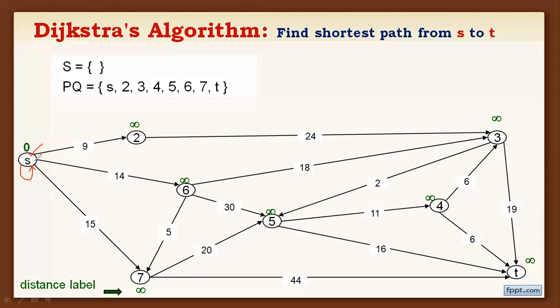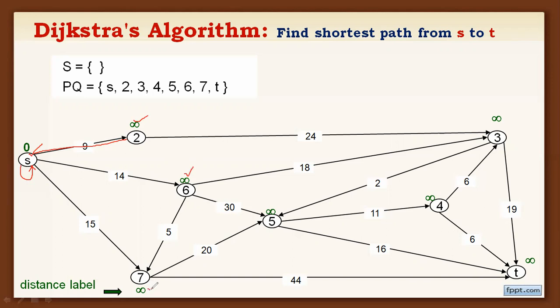There is no direct path from vertex S to vertex 2. Initially we need to set all remaining vertices' distances to infinity.